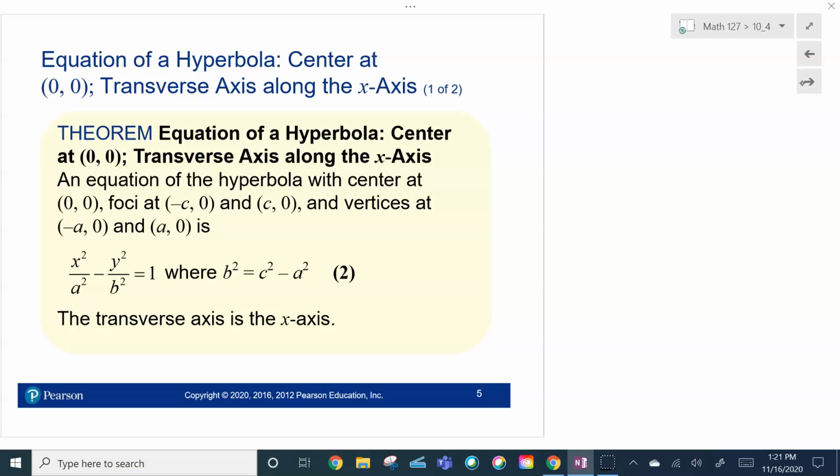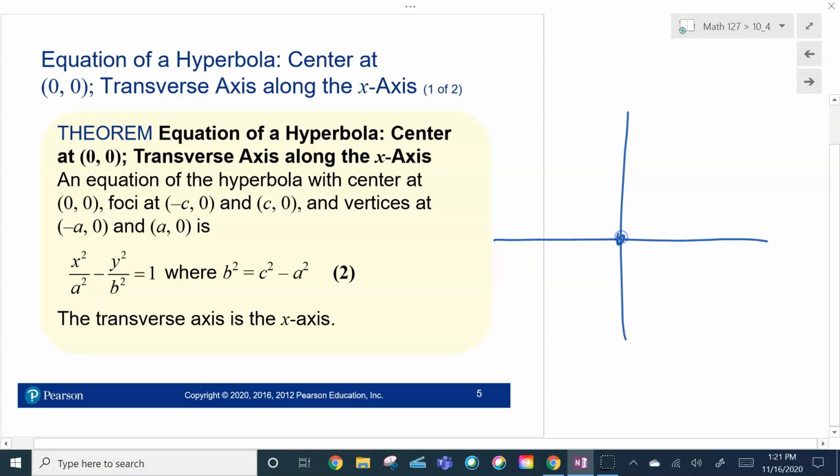So the equation, if you've got a hyperbola that opens right and left, its center's right there in the middle, its focus is c distance away, but its vertex is a distance away, right? So here's a, 0, these are my vertices, here's negative a, 0, so again this distance is a for the vertices.